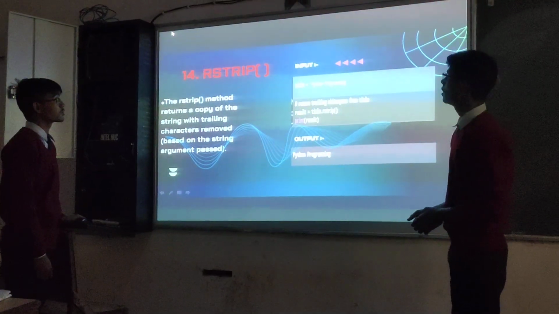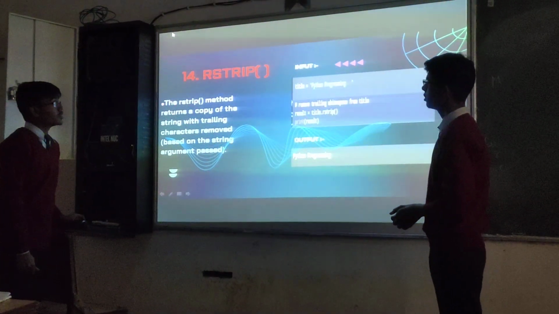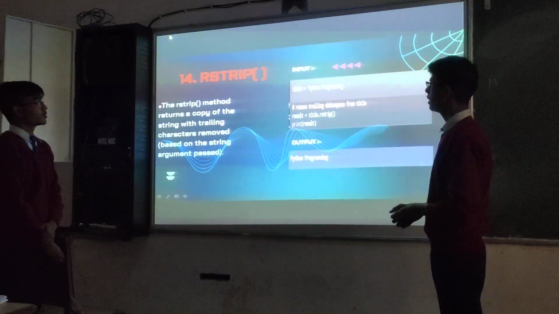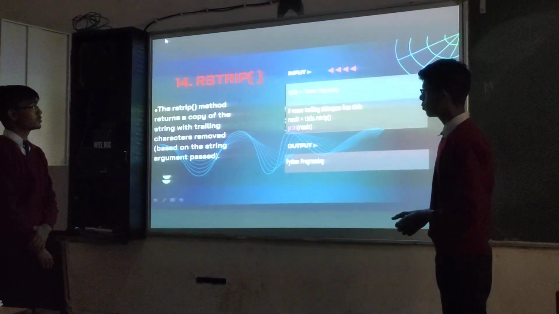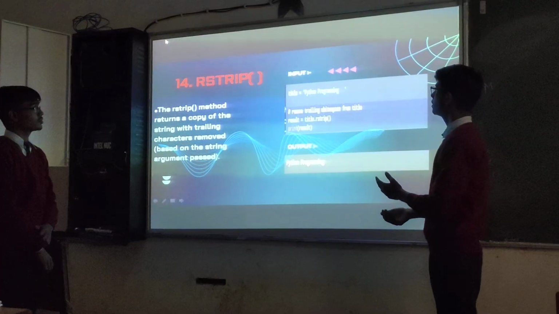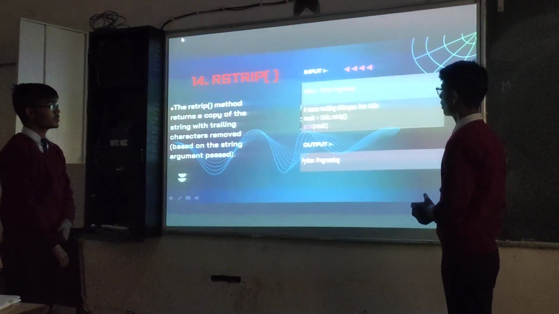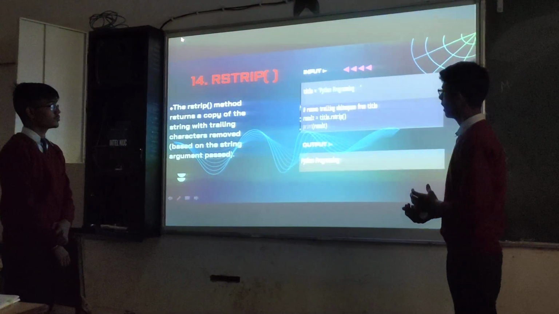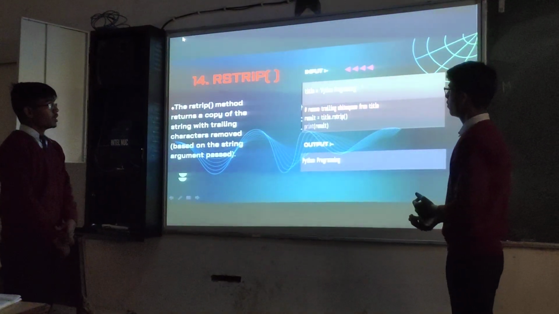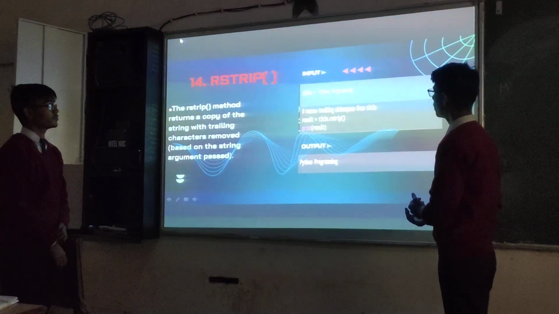Our 14th method is rstrip. The rstrip method returns a copy of a string with trailing characters removed based on the string argument passed. You can see the example as input title is equal to Python programming followed by a white space, and then the white space is removed. We are supposed to remove the trailing white space from the title.